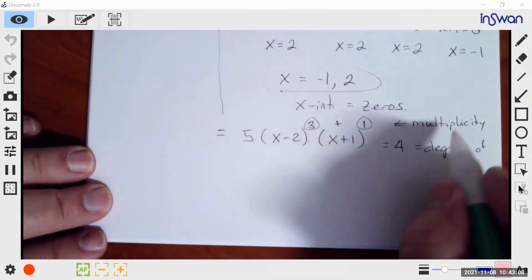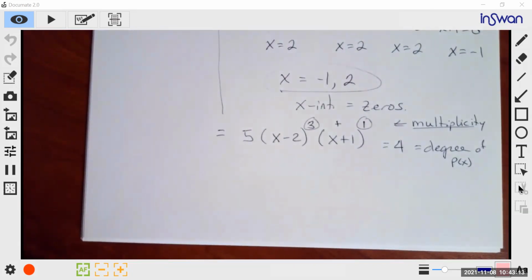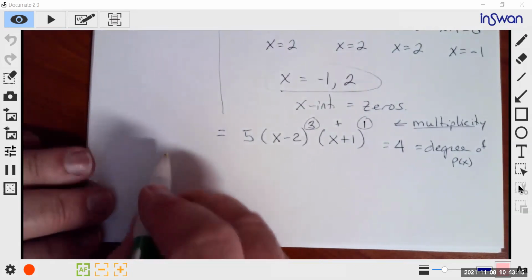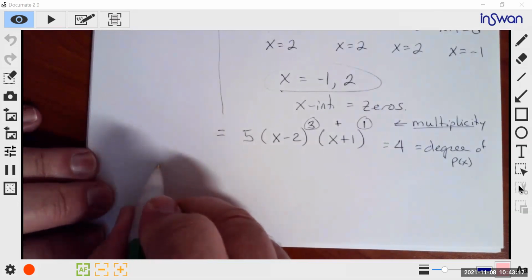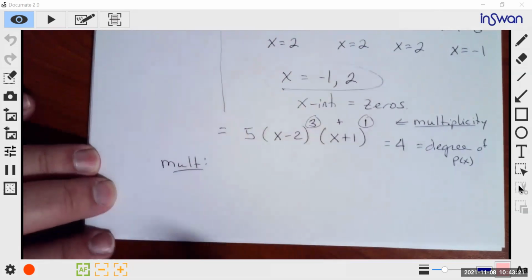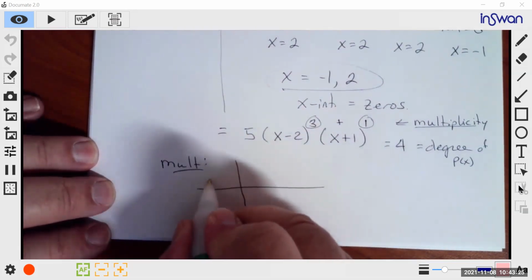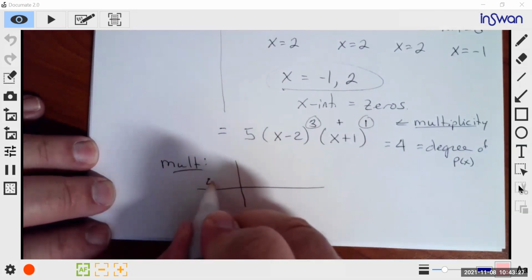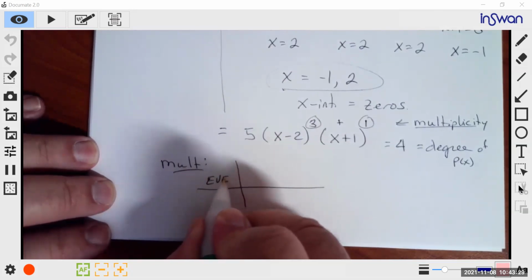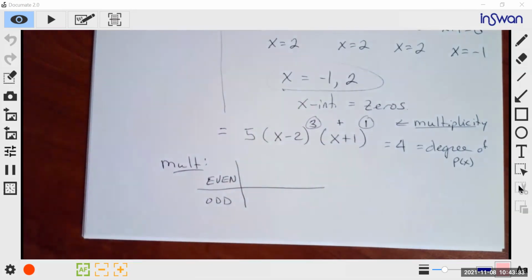Now, about multiplicities, they tell us a lot more than just how many times we have the answer. They can be either even or odd.